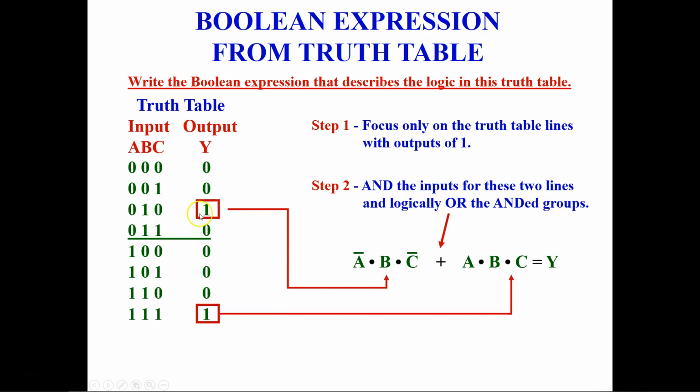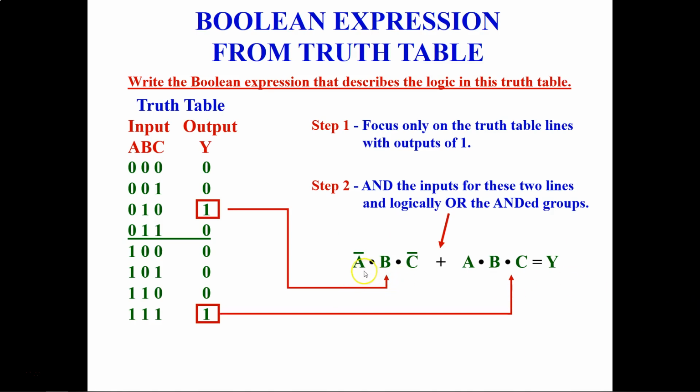And then you put a plus sign here, and you go to the other one on the output. You have 3 ones here, A, B, C. These are all ones, so you just put it like this: ABC, and the whole expression equals Y. Now let's see what type of expression this is forming. In our previous slide, we learned about sum of products and products of sum. So what do you think it is?